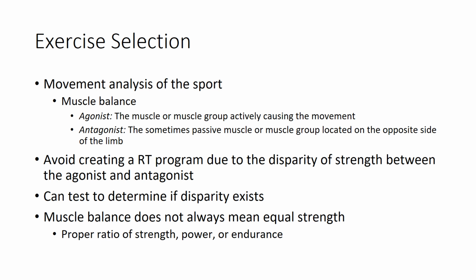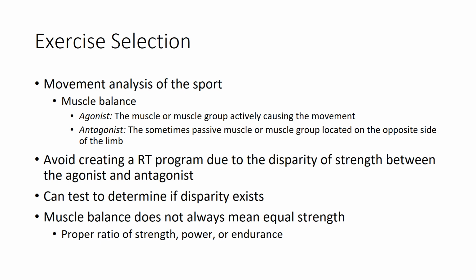As strength and conditioning professionals, we want to avoid designing a resistance training program that increases the risk of injury due to a disparity between the strength of the agonist muscle, which is the muscle or muscle group actively causing the movement, such as the quadriceps in the knee extension exercise, and the antagonist, which is the passive muscle group located on the opposite side of the limb, such as, in this example, the hamstrings during the knee extension.